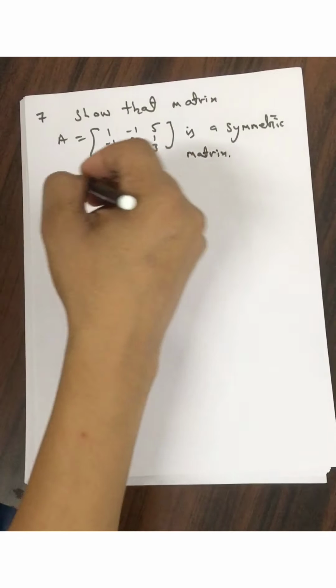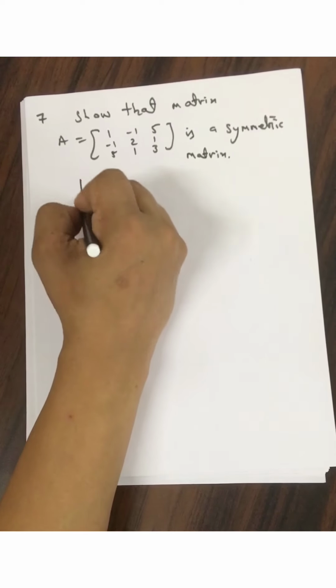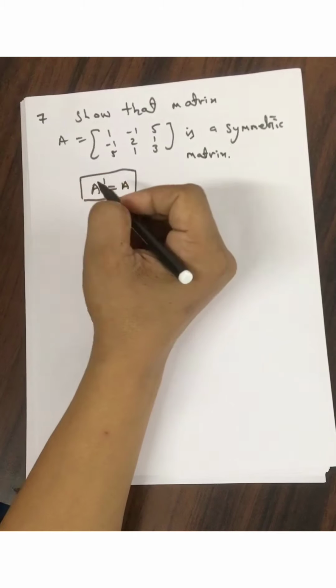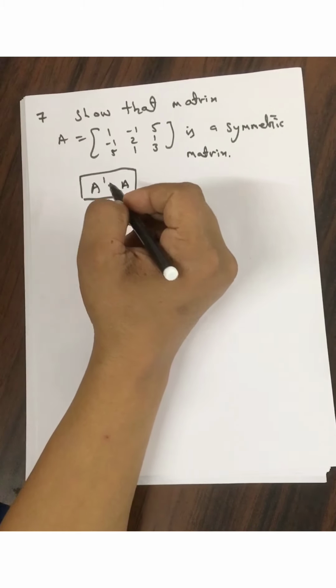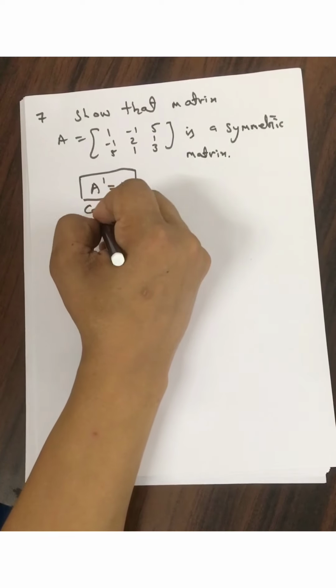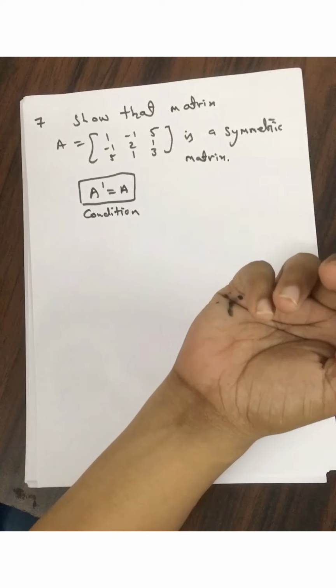Now, it is a symmetric matrix only if A dash equals A. This is the condition. If A dash is equal to A, then we say it is symmetric. So let's try.